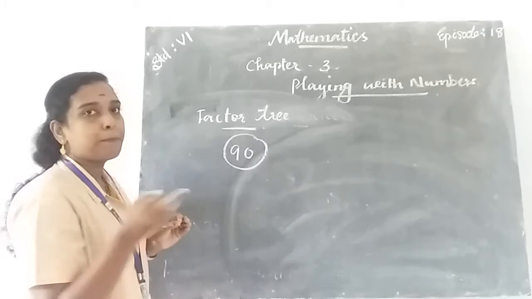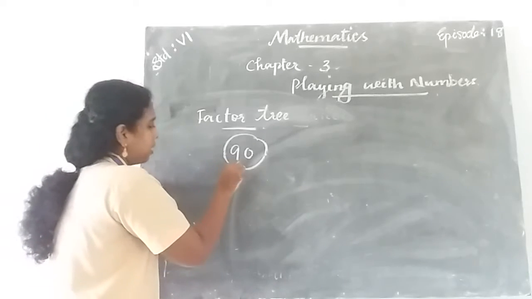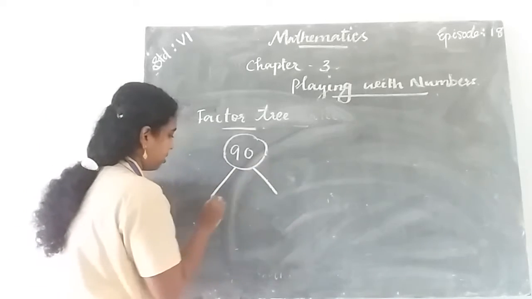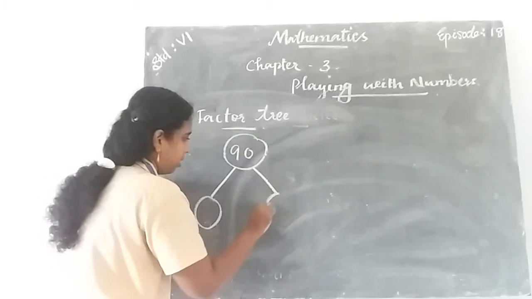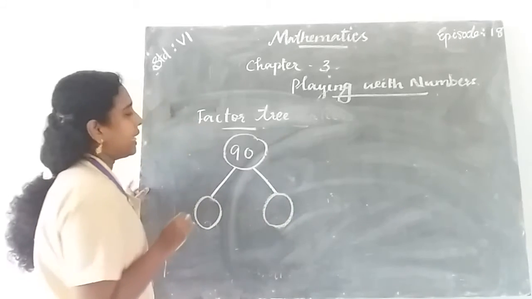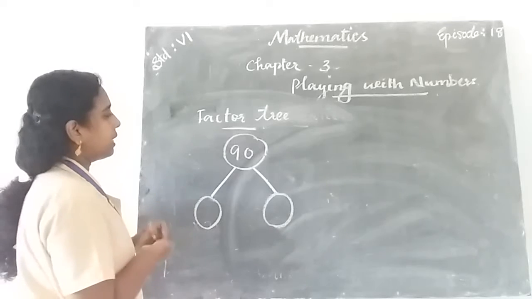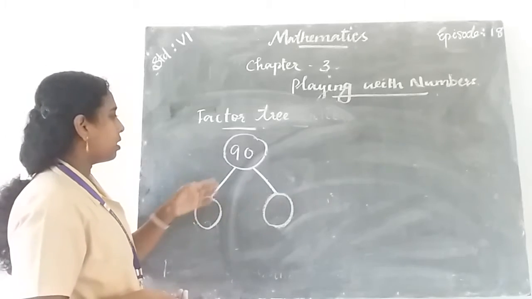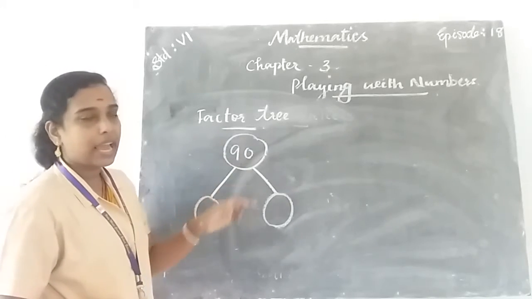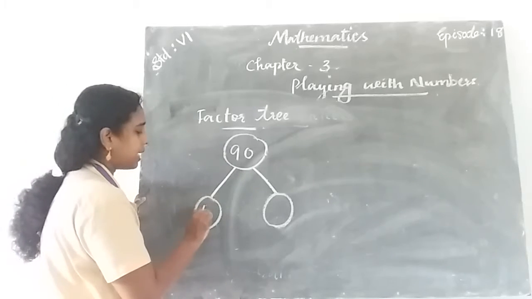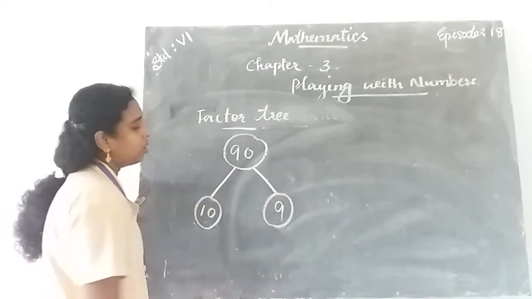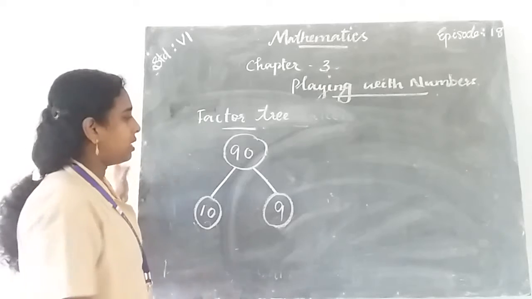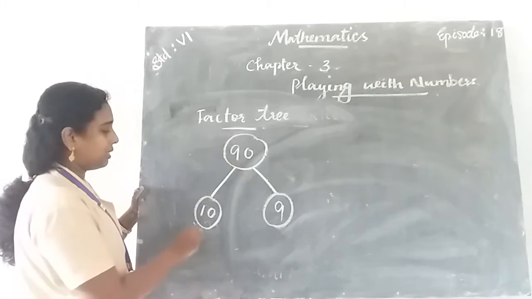So we take the product of two numbers that gives 90. Which numbers? 10 into 9 gives 90.